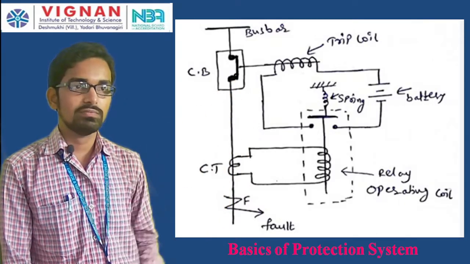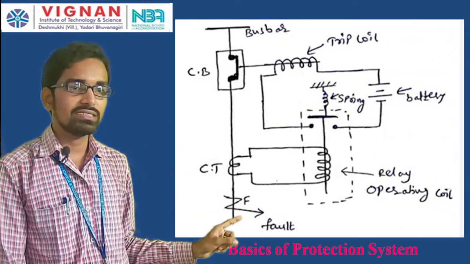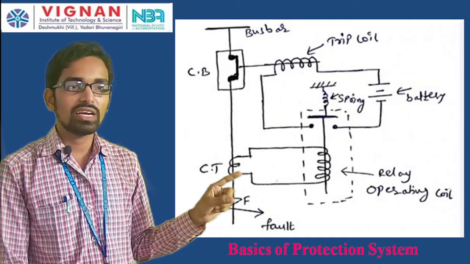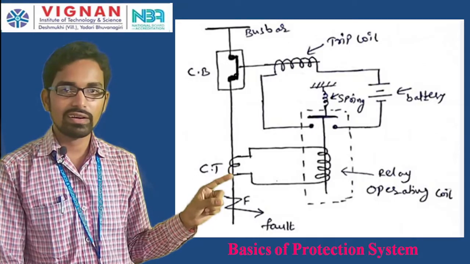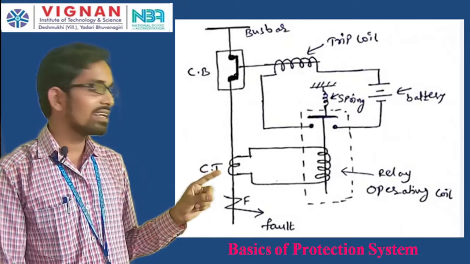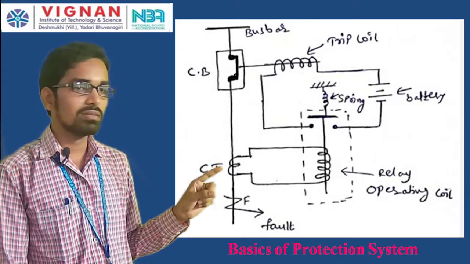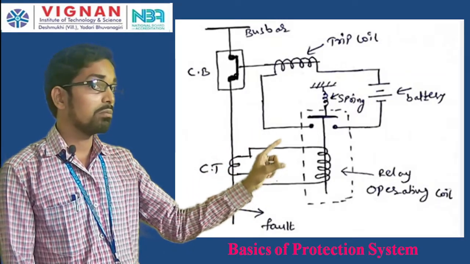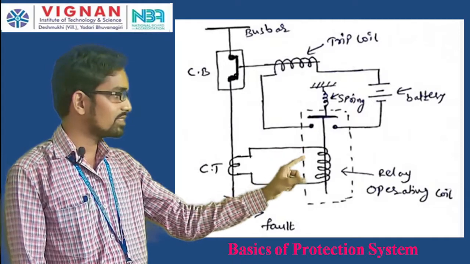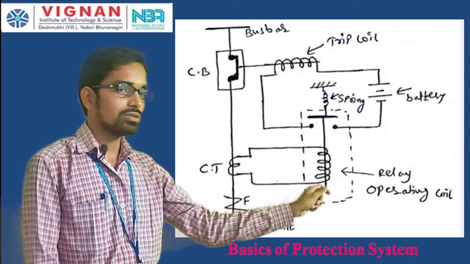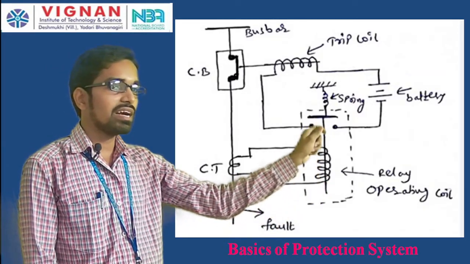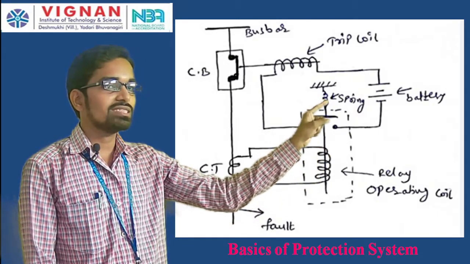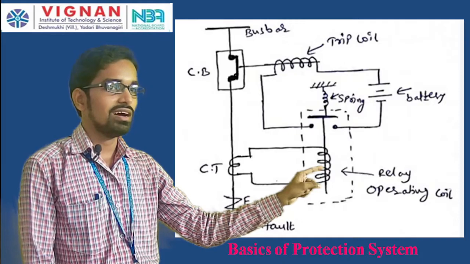Whenever a fault occurs here, an excessive amount of current flows in the current transformer. Because of that excessive current, the secondary of the current transformer carries more current, which is sufficient to move the plunger down. If the plunger moves down, the spring force is less than the operating force.